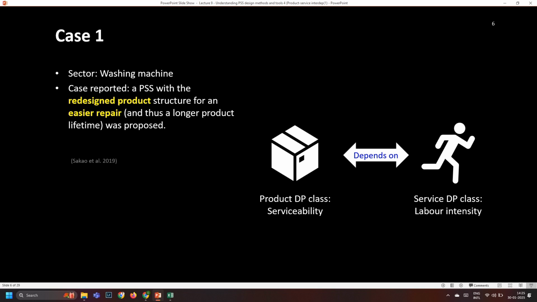In this case, we can see the service design parameter belonging to labor intensity, one of the service design parameter categories. And the relevant product design parameter category is serviceability of the washing machine. And by addressing a balance between the two, you can contribute to increase the resource efficiency. So that's the aspect.